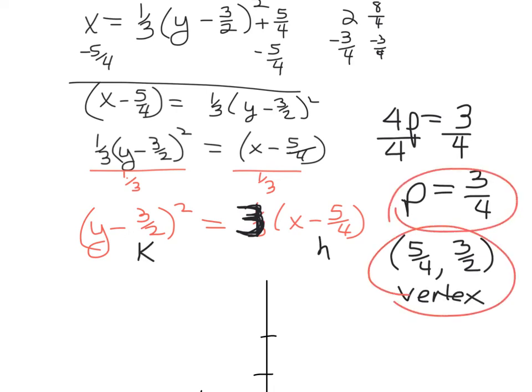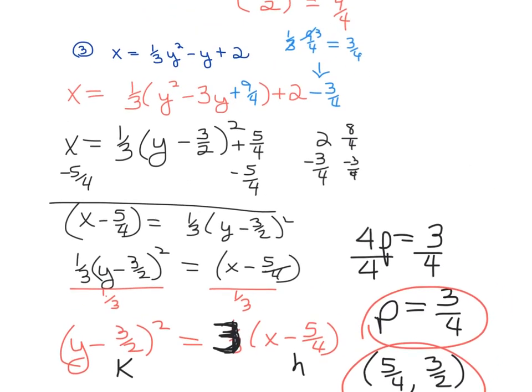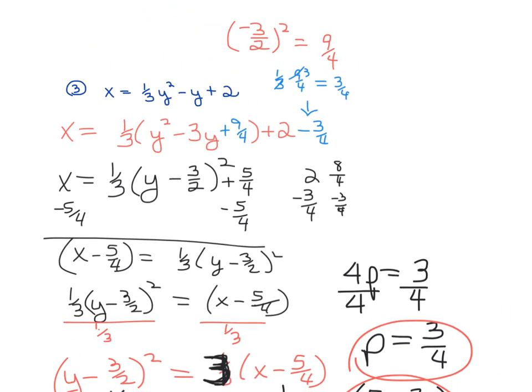Got the p-value. I could go back to the beginning, and now this time notice your original was x equals. So I could actually find my x-intercept to solve this one since it's a c. So I'm going to find my x-intercept from the beginning.